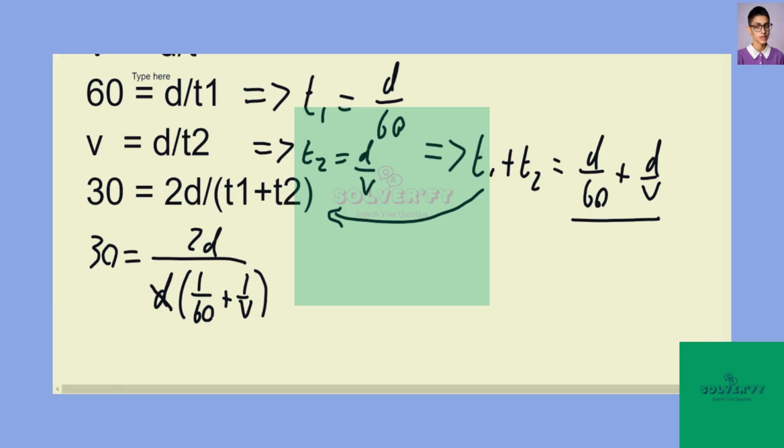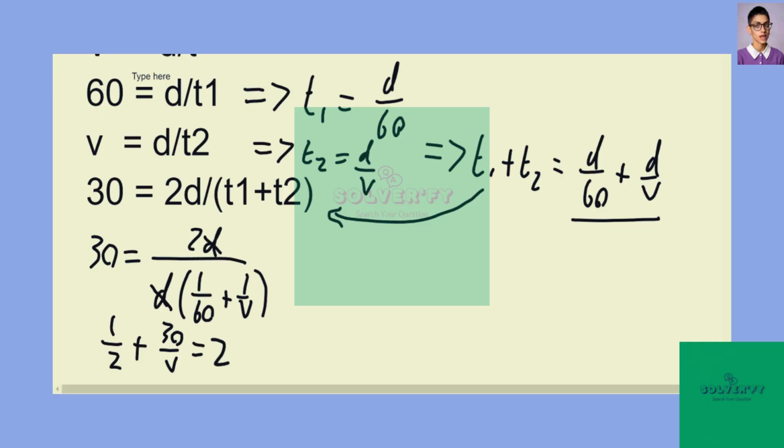And we have this new equation. Well, the d's cancel. So now we're going to multiply 1 over 60 plus 1 over v times 30, and then distribute the 30. So we have 30 over 60, which simplifies to 1/2, plus 30 over v is equal to 2.